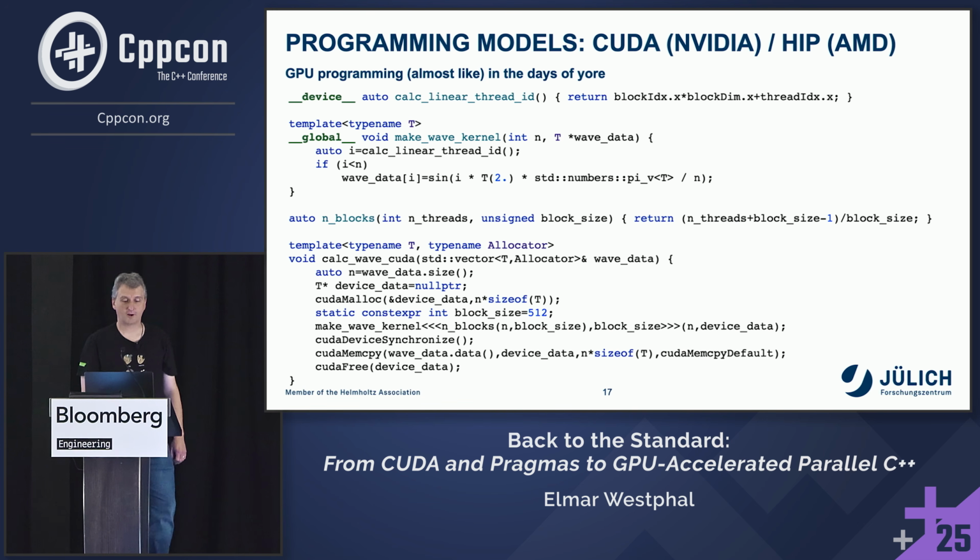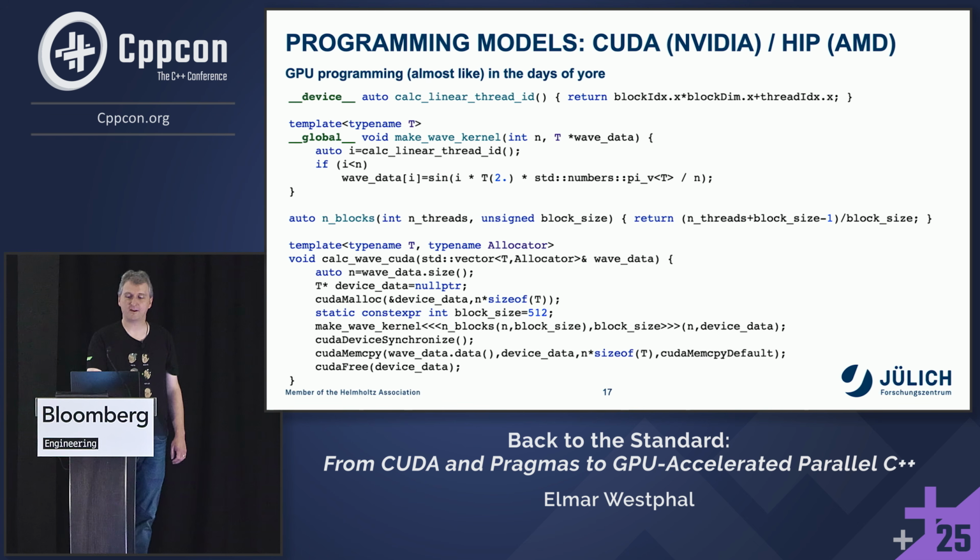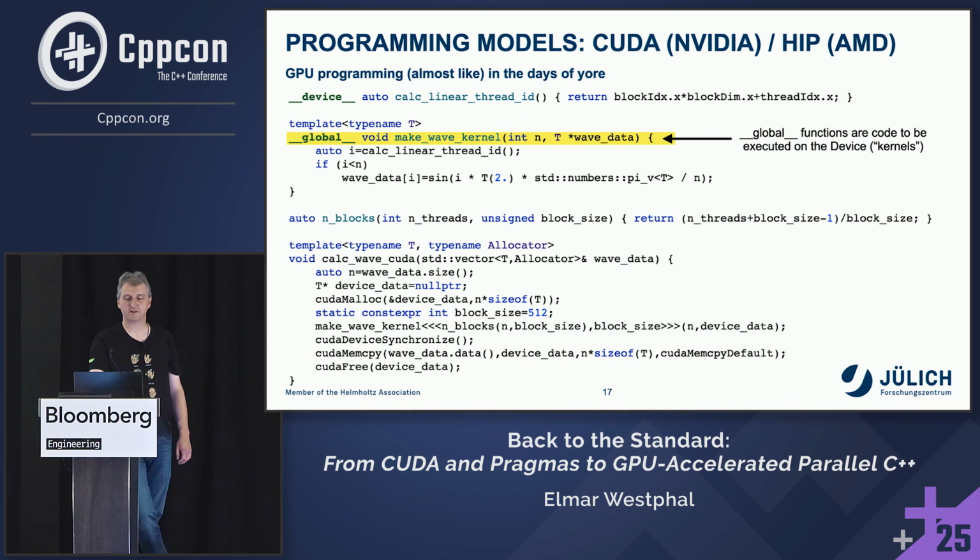So I'll guide you through this little bit of code that does what our sample function does, using the classic way of CUDA kernel and explicit memory allocation and transfers.